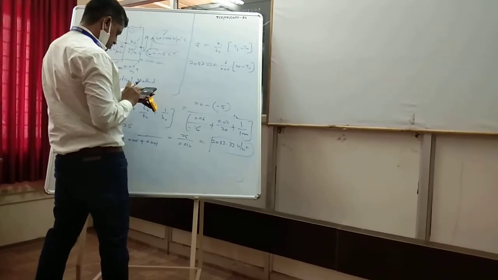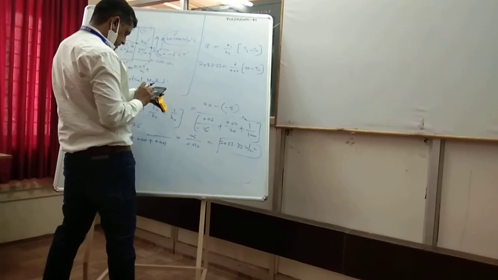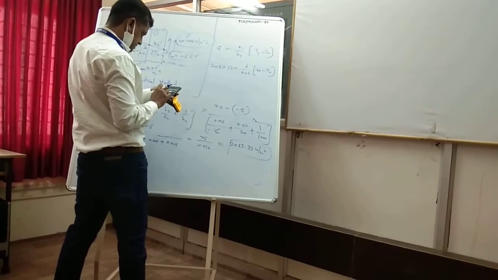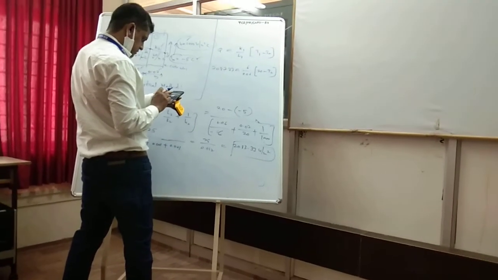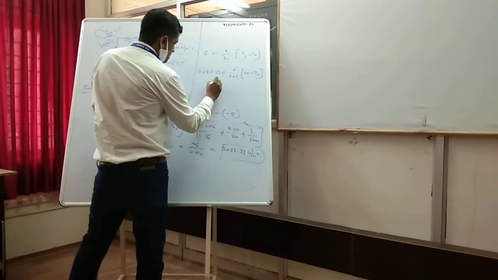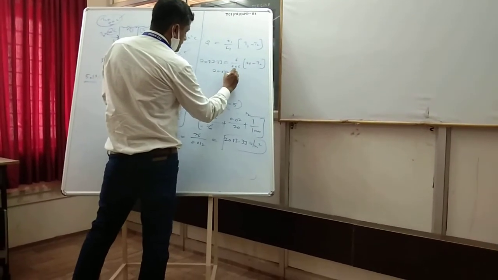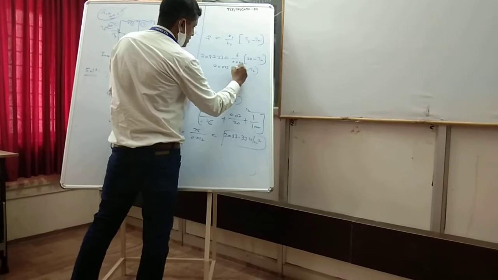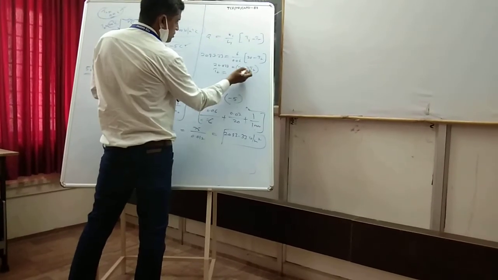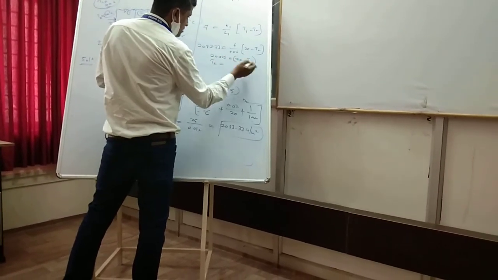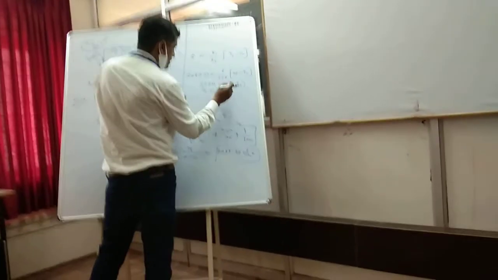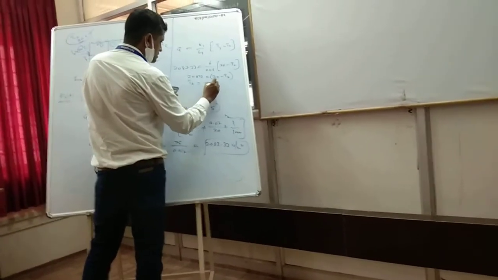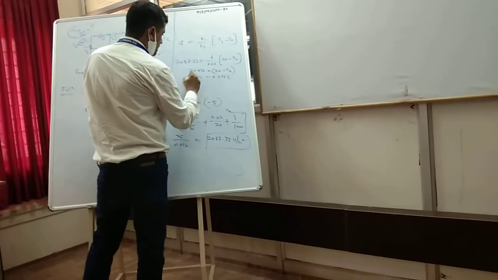Now 2083.33 into 0.06 divided by 6, 20.833 is equal to 20 minus T2. Therefore, T2 is equal to, if you take it on the left side, 20 minus 20.83, you will get minus 0.833 degrees Celsius.